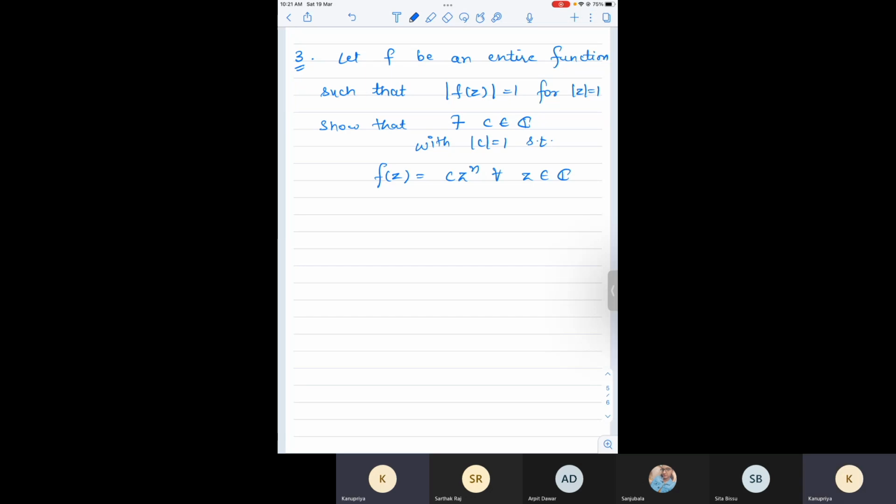So first of all, we can assume that this function f does not have infinitely many zeros in the open disk. If it has infinitely many zeros in the unit disk, then what will happen?